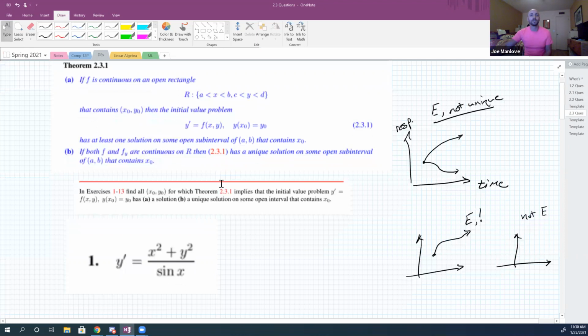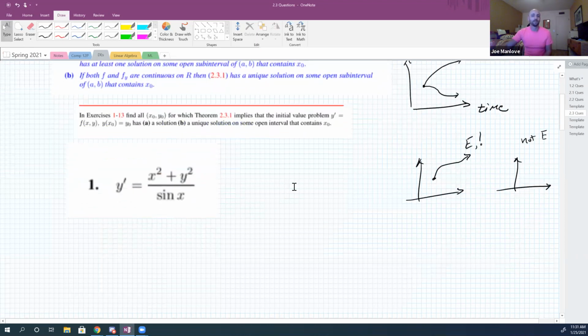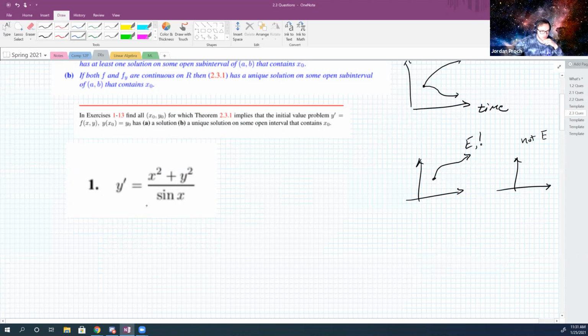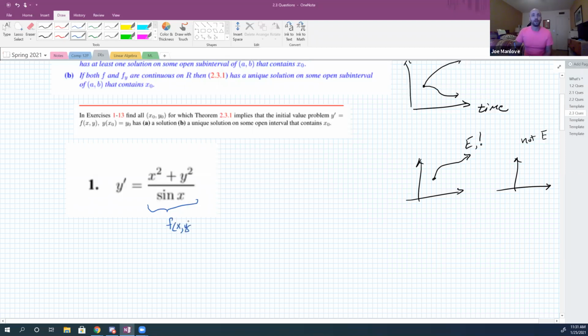So let's look at our function here. First things first, which part of this problem is playing that function f? x squared plus y squared divided by sine x. Okay. This is my function f of x and y, right?